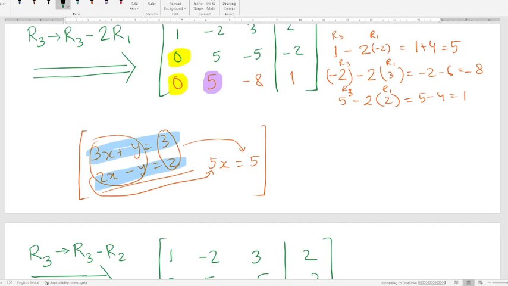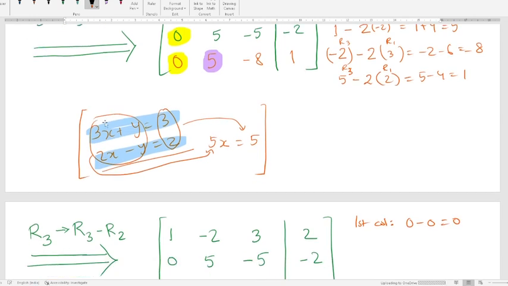So for the first column, it will be 0 minus 0, which is equal to 0. Right? For the second column, R3 is 5 minus 5, which is R2, which is 0 again.